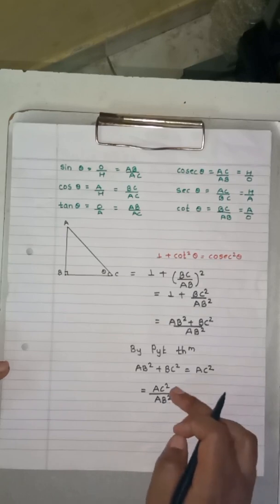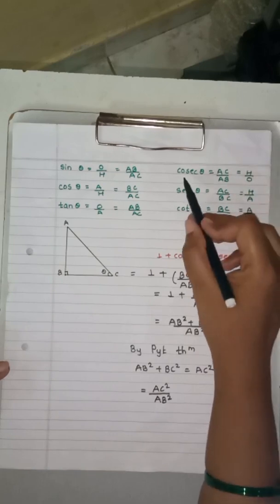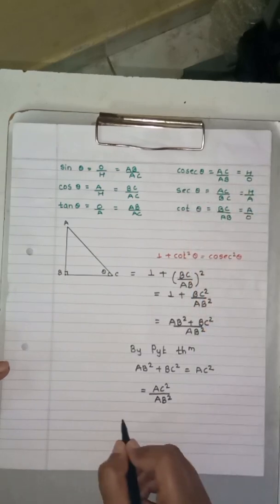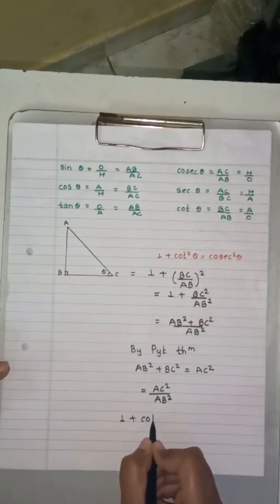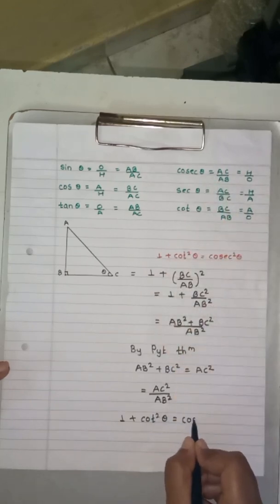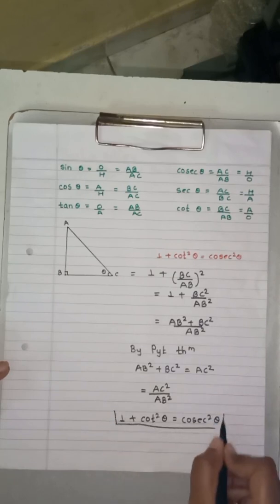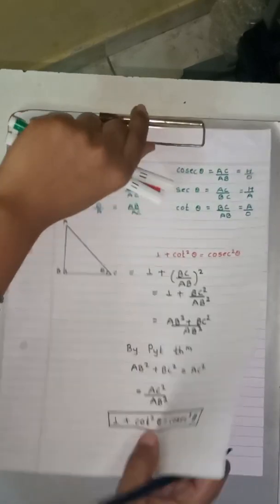Now AC upon AB is cosec. That means 1 plus cot square theta is equal to cosec square theta. So these are some identities which you are going to use to solve the practice set.